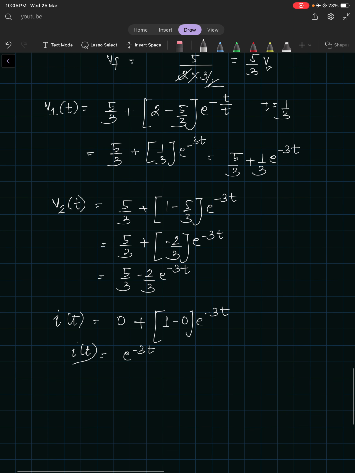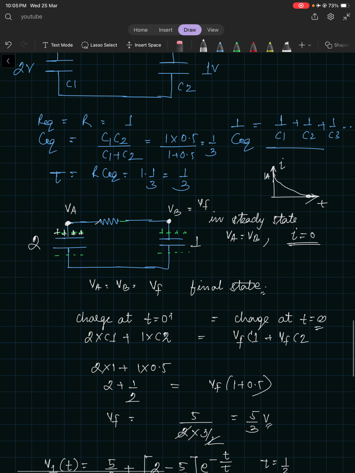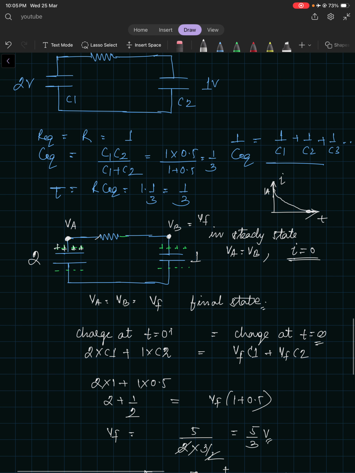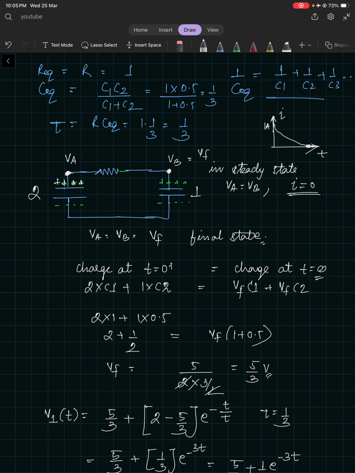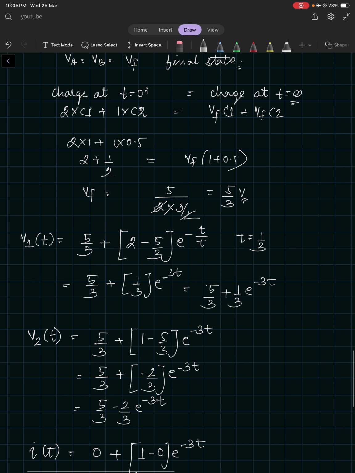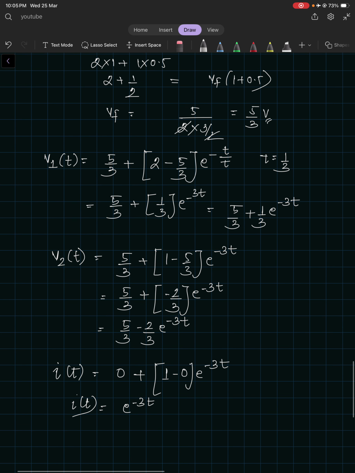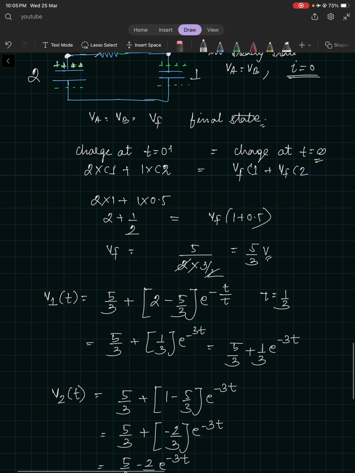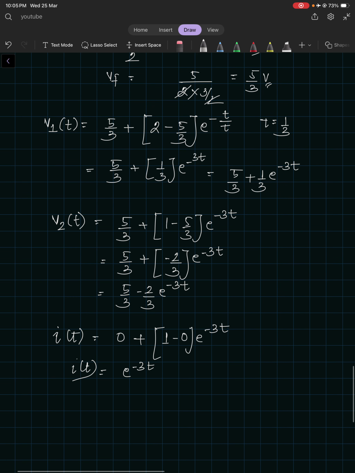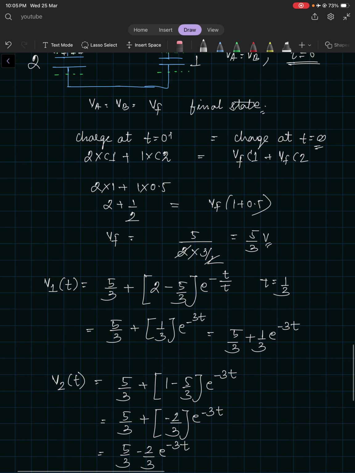Now, in the second method, we just saw that without solving the differential equation, if the system is first order, we were able to directly write the equation for t greater than or equal to 0. It is that simple, right?